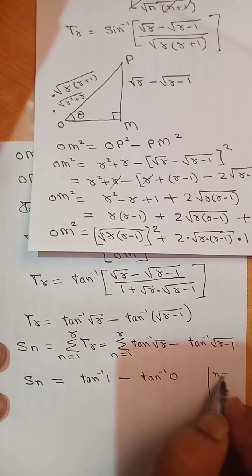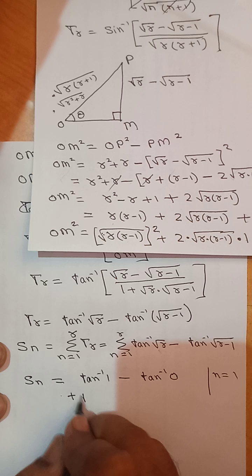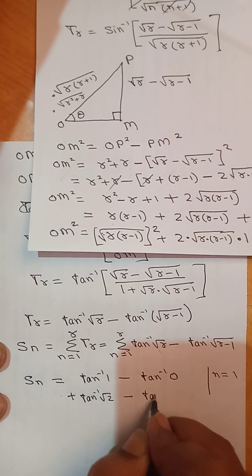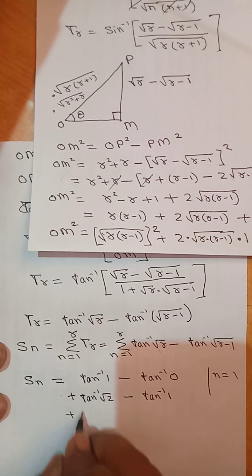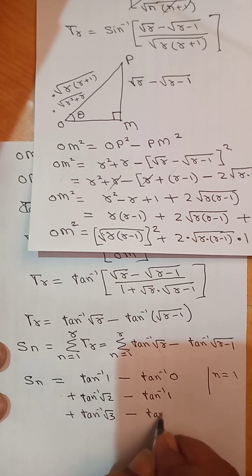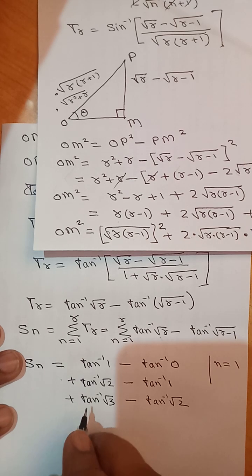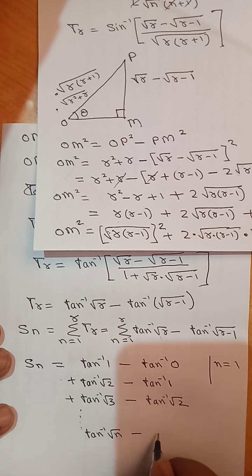For n equal to 2: plus tan inverse of root 2 minus tan inverse of 1. Plus tan inverse of root 3 minus tan inverse of root 2. It will form a telescopic form, up to tan inverse of root n minus tan inverse of root of n minus 1.